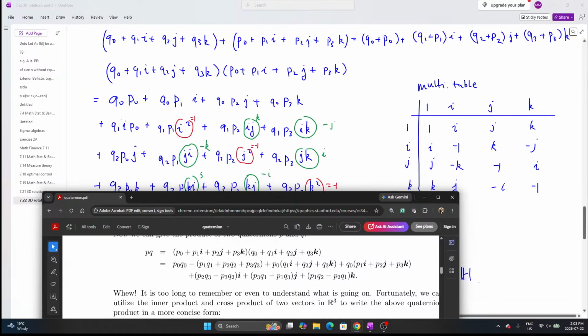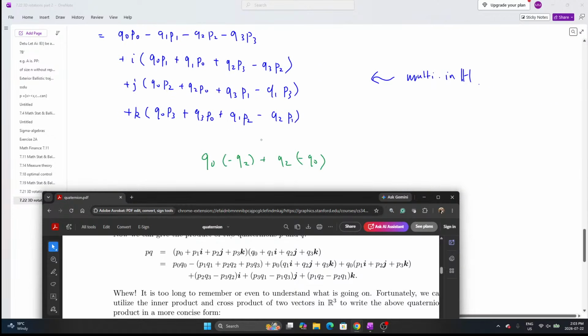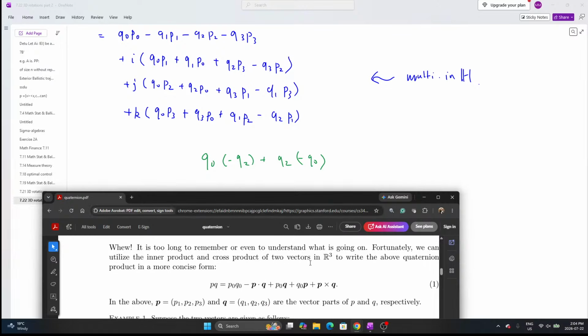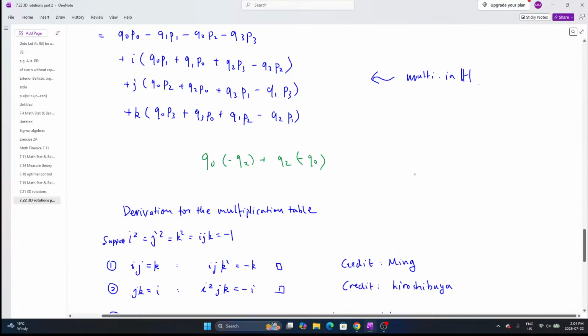Yeah, I put Q before P, so this is fine. Yes, it's indeed the same as what's in the paper.